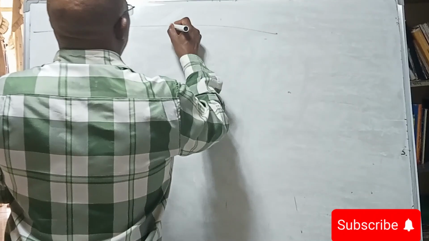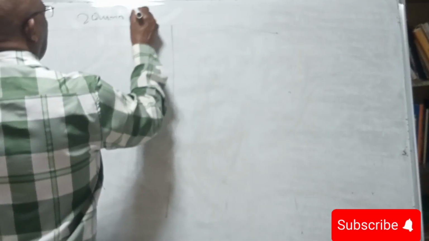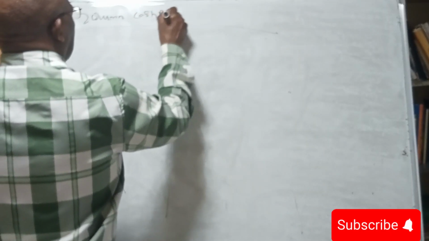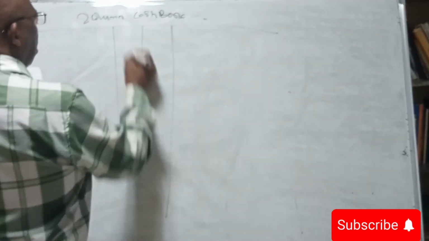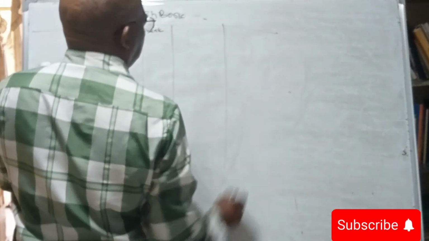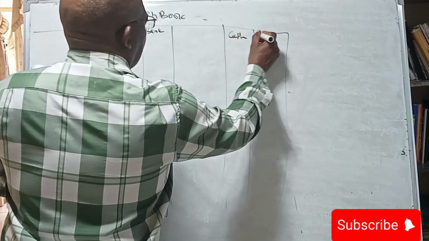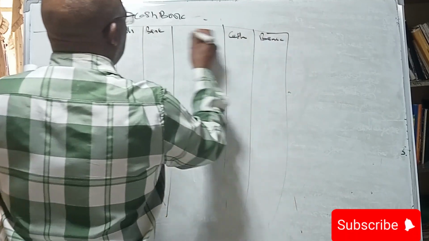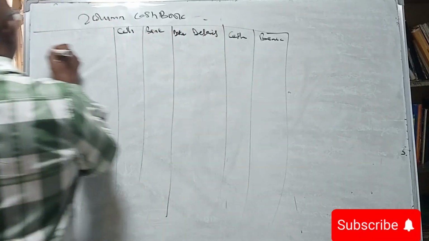It's not a cash book account, it's a two-column cash book. So we have cash and bank, and we usually have date and details.